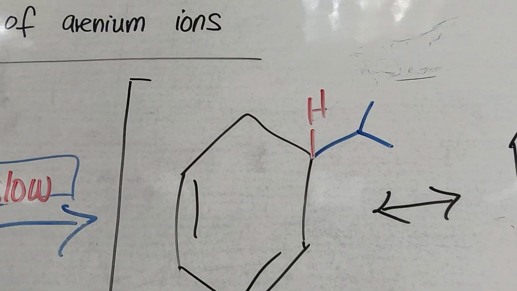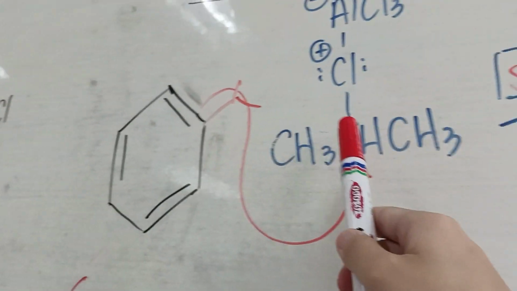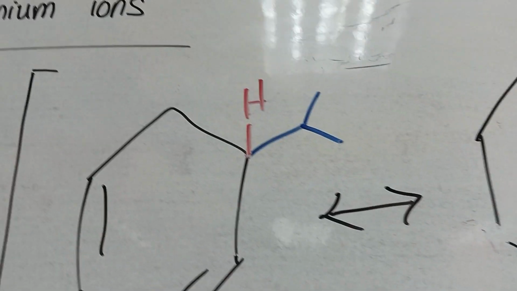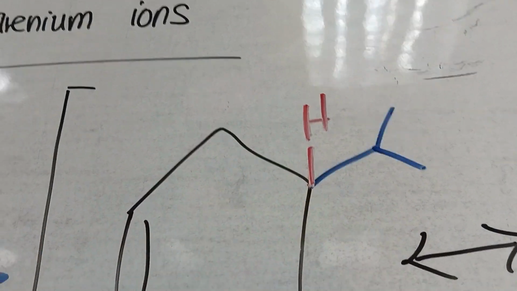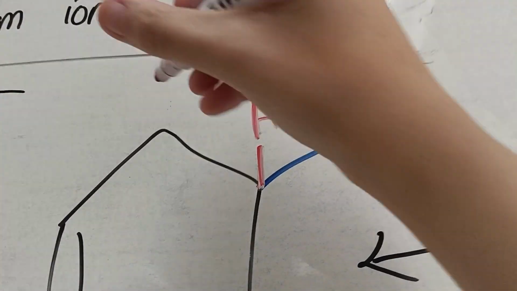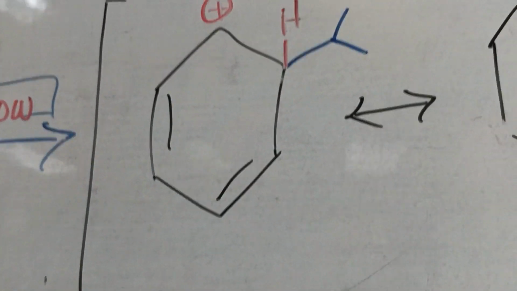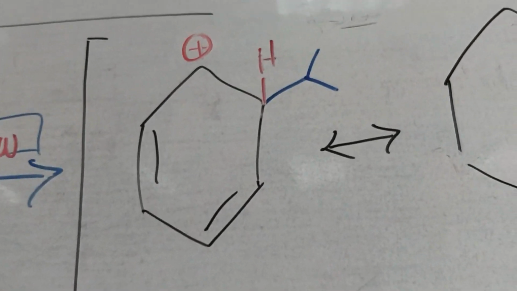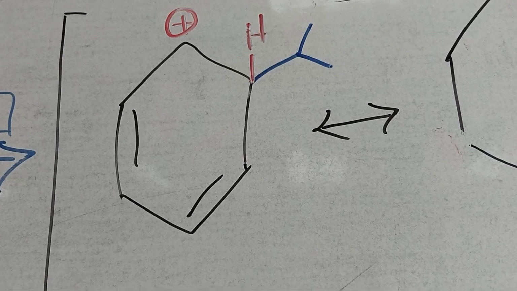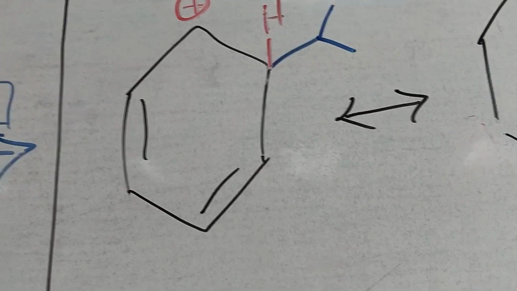Okay, so since the double bond from the benzene is broken and now replaced with this, this place will be empty and lacking a bond, you see? So it will have a positive charge, like this. Now we want to symbolize the ever-moving electrons in the delocalized pi electron system, right?